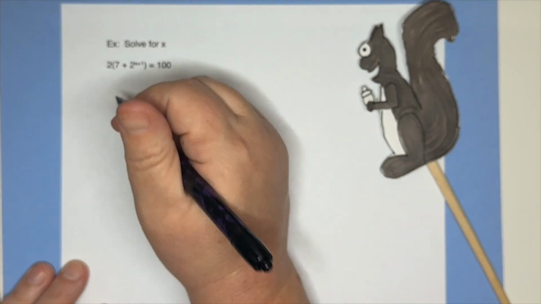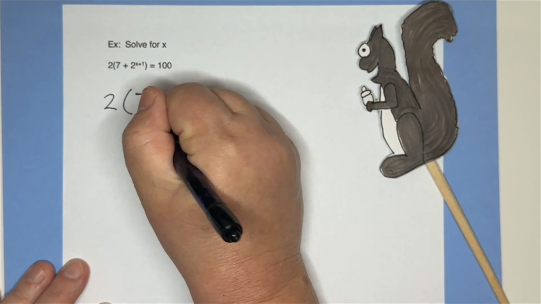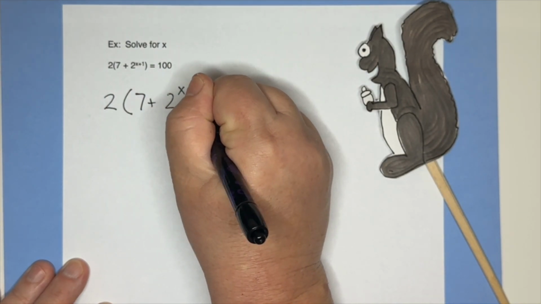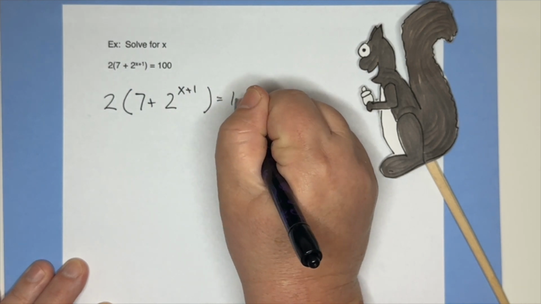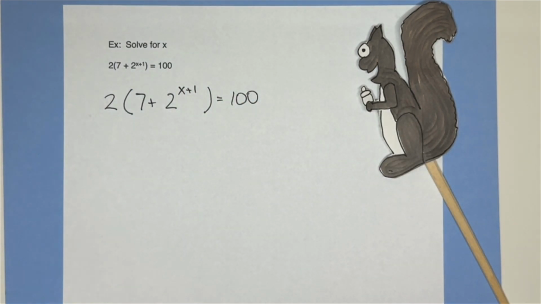What's going on here? So I've got 2 times the quantity 7 plus 2 to the x plus 1 equals 100. What am I going to propose you do to solve this?